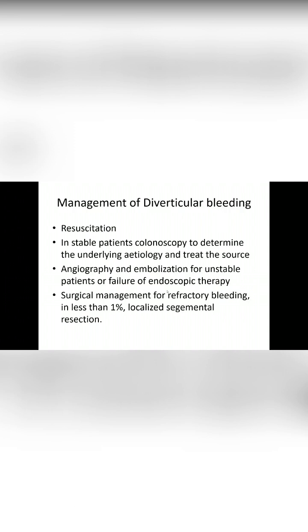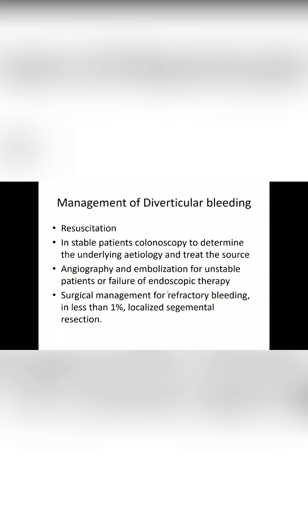Yes. It's not common, it's in less than 1%, and to be honest we rarely need to do that. But if you are doing it, do a localized segmental resection. Usually they will know the site of the bleeding from either the colonoscopy or the angiogram, and we do segmental resection to that segment.